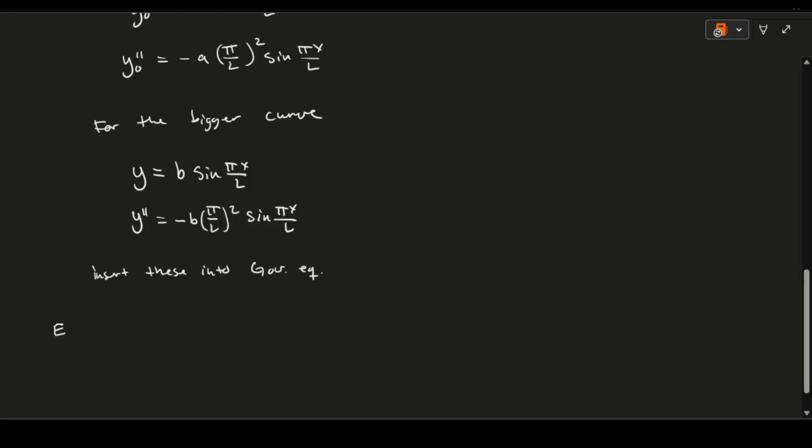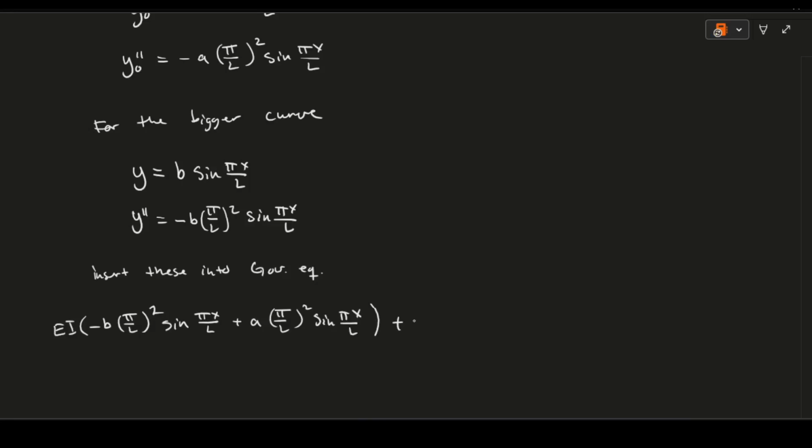So we get EI times minus b pi over L squared sine pi x over L plus a pi over L squared sine pi x over L. It's a plus because it's y minus y naught. And double derivative, of course.